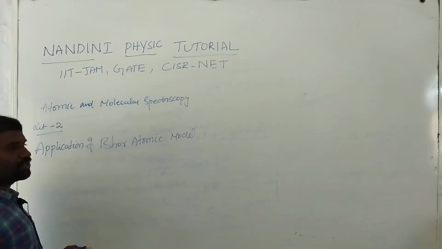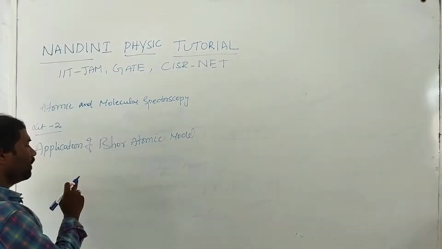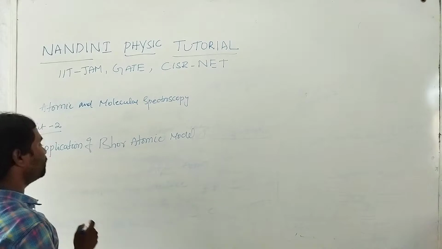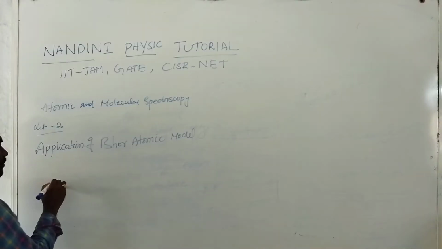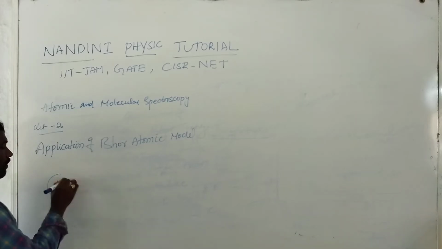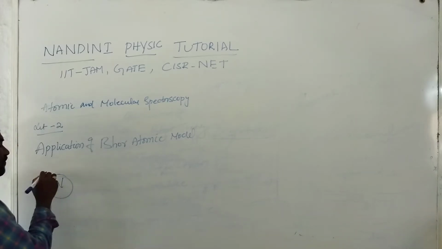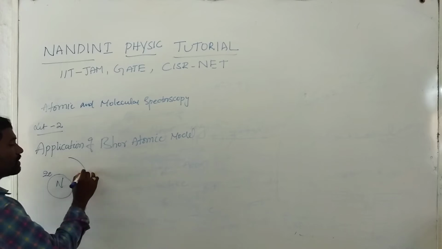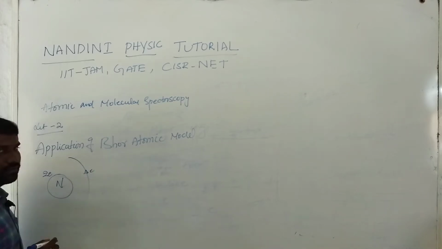Bohr considers some assumptions. What are they? The nucleus of the atom has infinite mass. So first, suppose this is a nucleus. The charge of the nucleus is Ze. Around this nucleus some electrons are revolving.